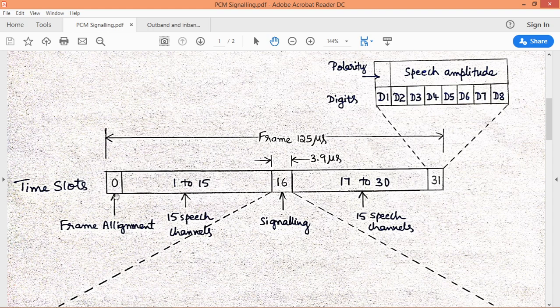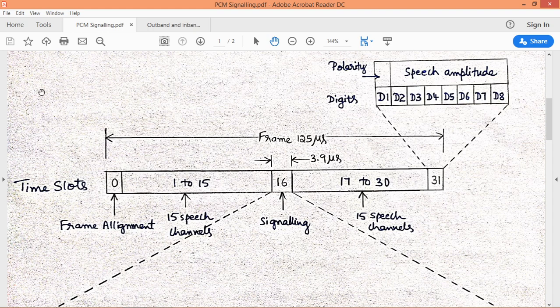Excluding these two, from time slot 1 to time slot 15 we have 15 speech channels, where these time slots store speech signals. Similarly, from time slot 17 to time slot 31 we have 15 different speech channels. All those are involved in transmitting speech samples.